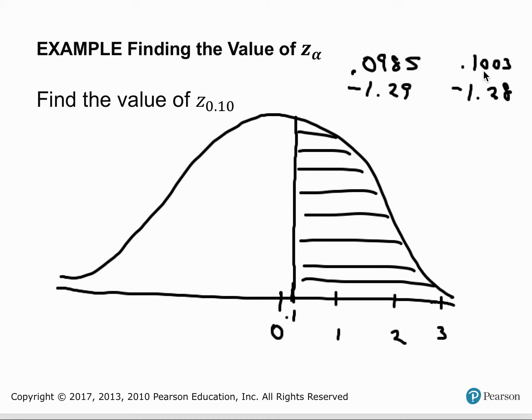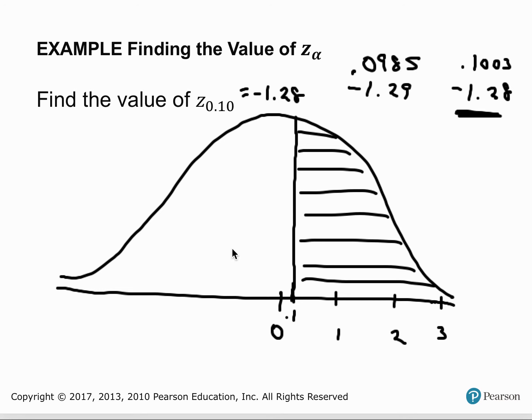This one is closer to 0.1. So I'm going to use that 1.28. So specifically my z-score is negative 1.28. Okay, and that's all that means.